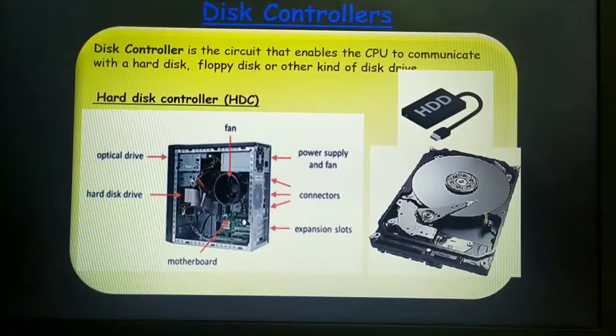That means, for example, at least up to 2 external hard disks you can connect to your computer system. A single hard disk controller will allow you to connect up to 2 external hard drives. Similarly, if you are using the enhanced IDE, up to 4 external hard disk drives you can connect to your computer system.